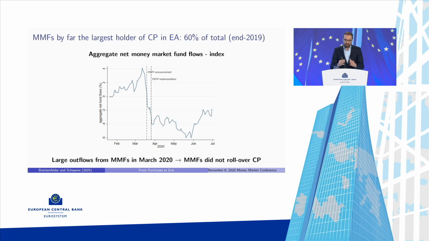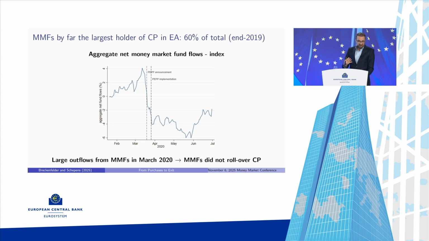So what happened to money market funds in March 2020? What we see here is the aggregate net fund flow. The net flow is the difference between inflows and outflows. And what you see in March 2020 is a sharp decline, large outflows in money market funds.